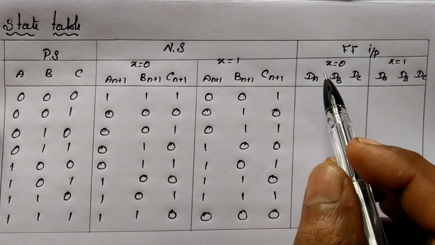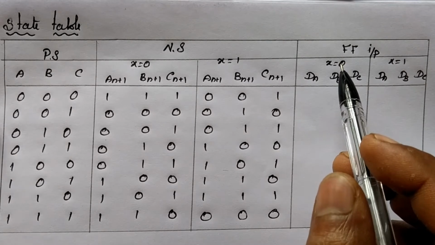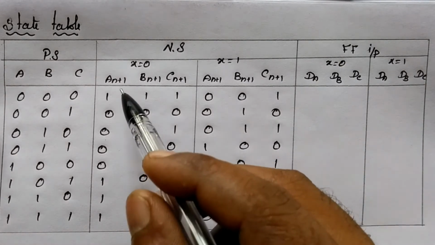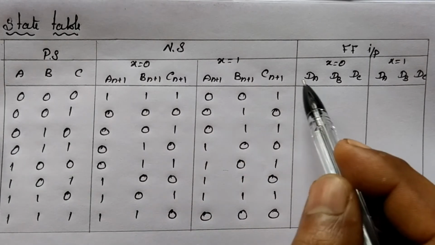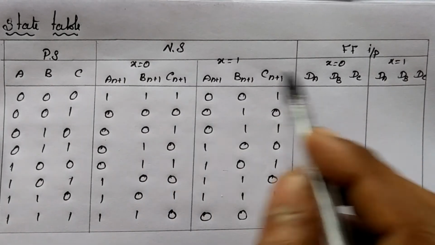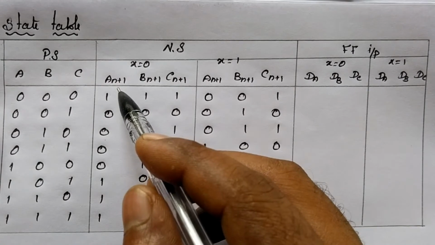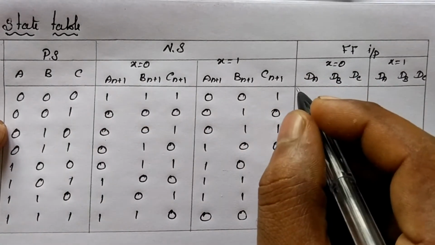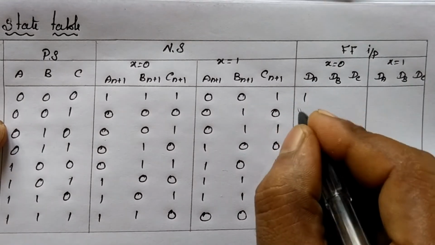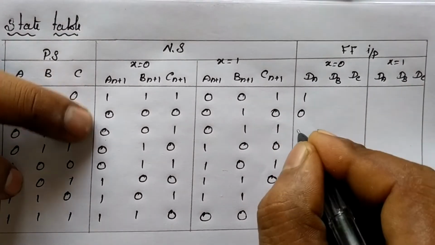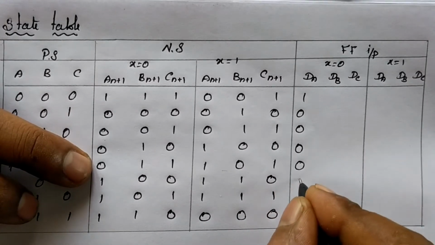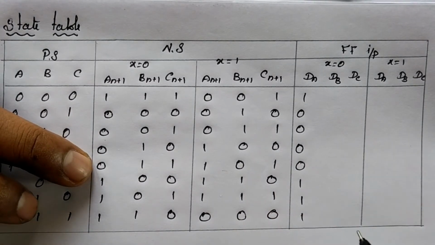Likewise for the flip-flop input, the D flip-flop, its D value will be equal to its next state. For DA with X is equal to 0, its next state is An plus 1 with X is equal to 0. Therefore here we will have 1, 0, 0, 0, 0, 0, 1, 1, 1.